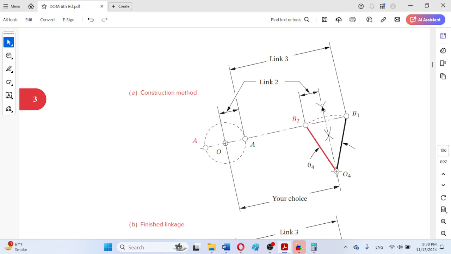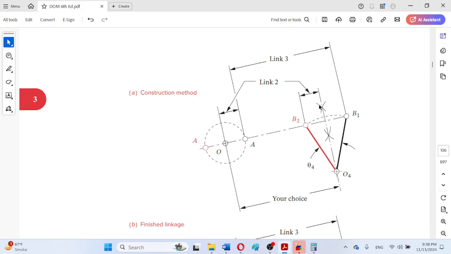So that line can be physically or practically drawn on the A4 size paper such that we will be opening the compass by some random radius which is greater than half the throw, or half the distance between B1 and B2. So any random radius which is greater than half the throw of this rocker.